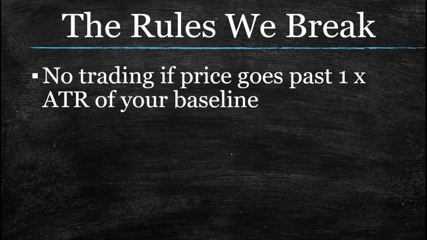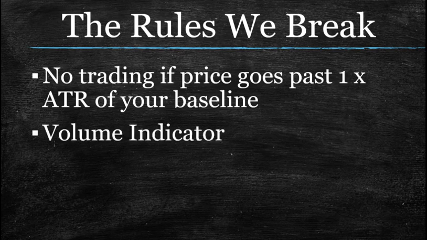I'm going to give you another rule to ignore, and you guys are going to love this. For continuation trades, I want you to completely ignore your volume indicator. Volume indicators do not work here. I don't know what it is, but they just never seem to be on par with the movement of these continuation trades.